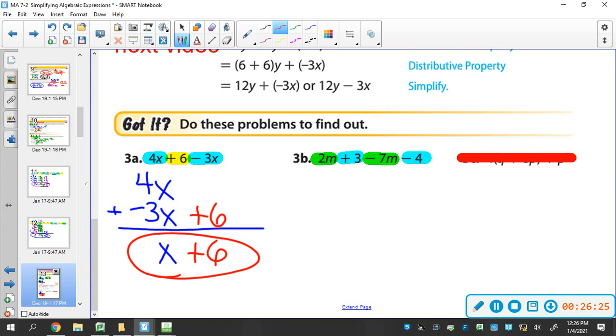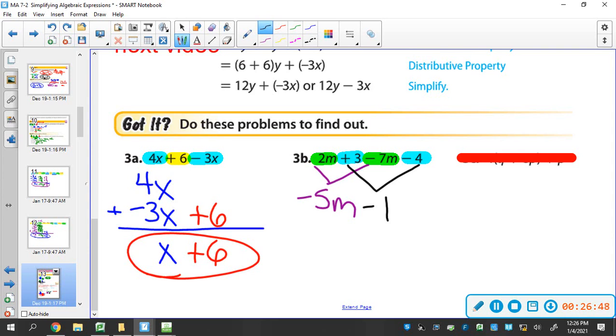Okay? If you prefer using what you're combining with the arrows, go ahead and do that. 2m plus a negative 7m, that's a negative 5m. And 3 plus negative 4, that's a negative 1. So again, I'm okay with either method, whichever makes most sense to you.